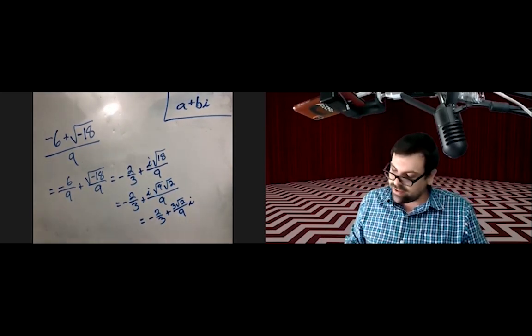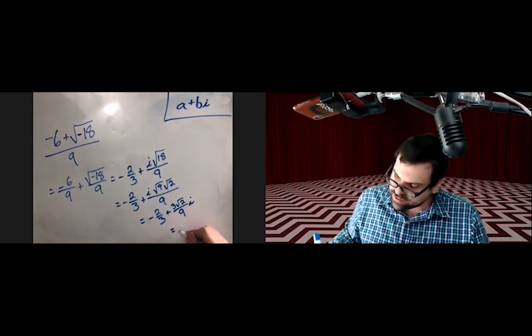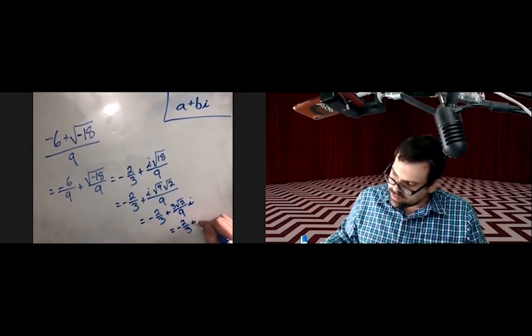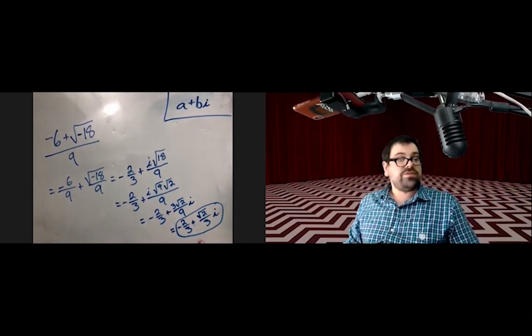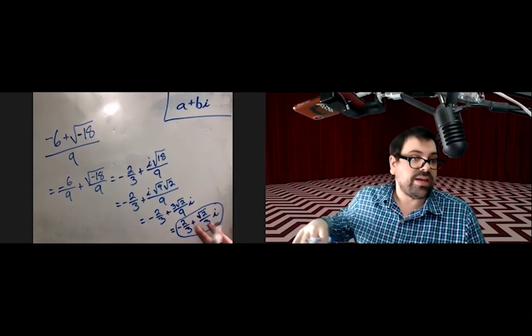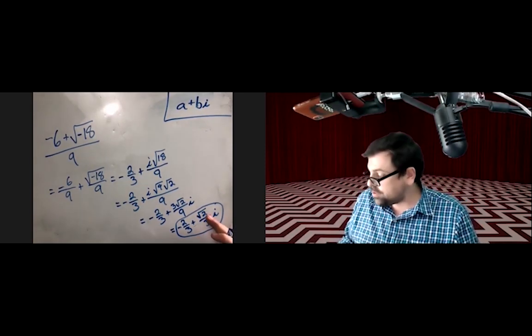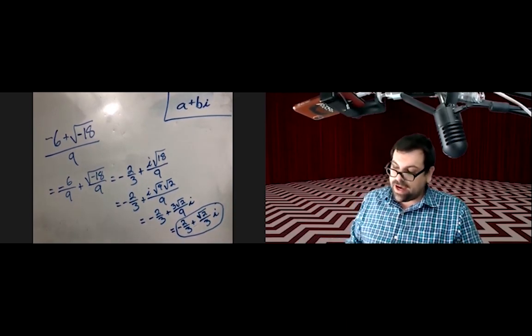And then there's just one last thing. 3/9 reduces to 1/3. So negative 2/3, sorry for the angle, negative 2/3 plus radical 2 over regular, not radical, 3 i.